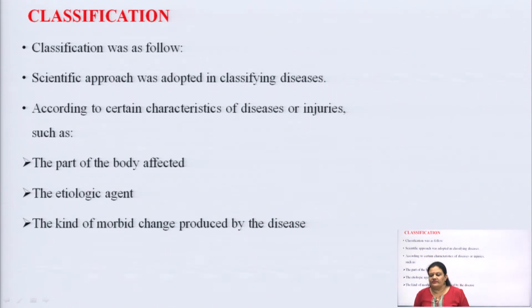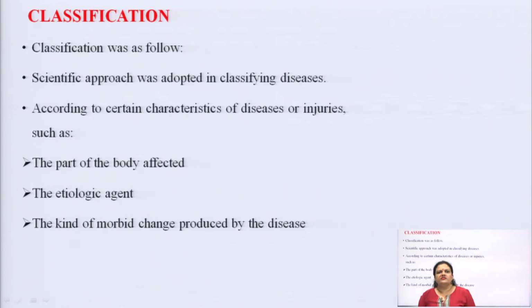Now, coming to the classification. Basically, we are talking about the classification of disease in this lecture. A systemic approach was adopted in the classification of diseases related to different organ systems.